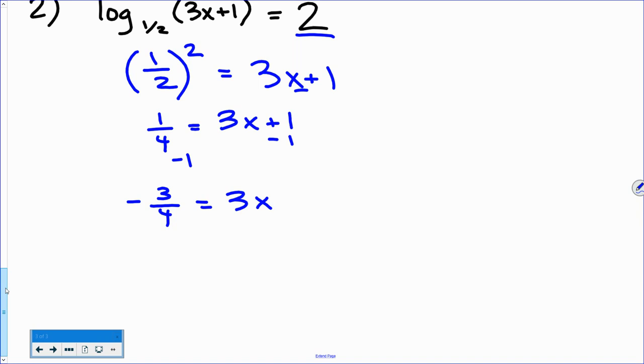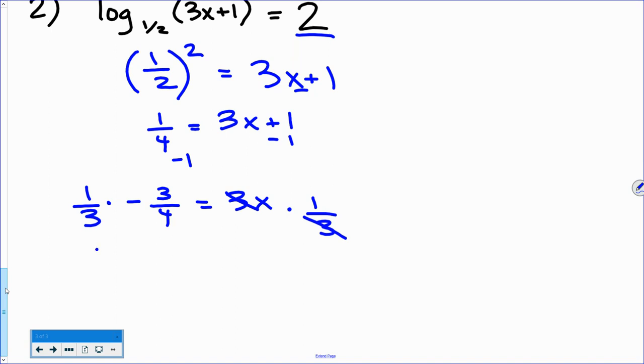Equals 3x. So I want to divide by 3 on both sides. I am dealing with a fraction on the other side, so instead of just writing it as over 3, it might be easier for you to write it as times 1 over 3. It still eliminates the 3 on this side, but then it makes it a little easier to multiply those fractions together just straight across the top and bottom.